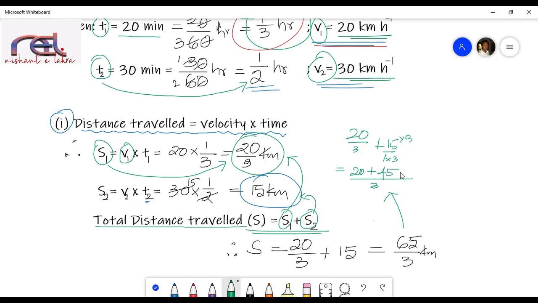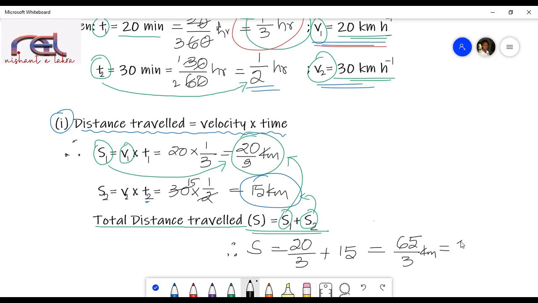When you add 20 plus 45 it is 65. That's how we got 65 by 3. Now this answer is in fraction, right? The total distance here, we have calculated till fraction. Let us solve it further.